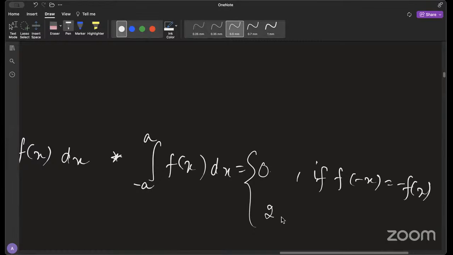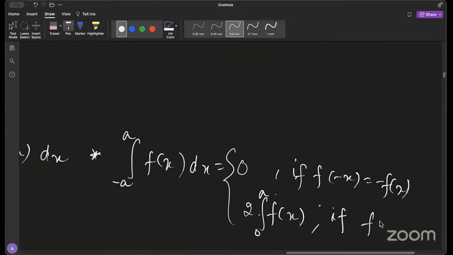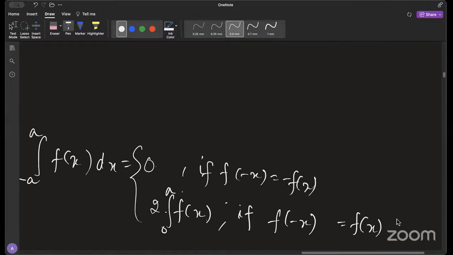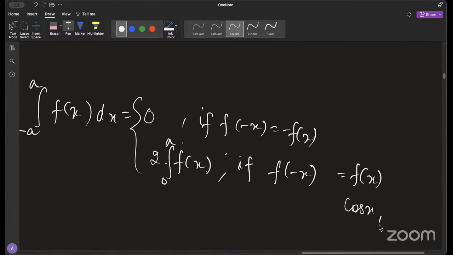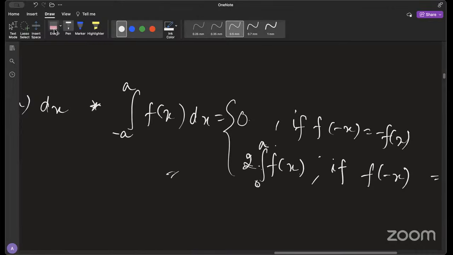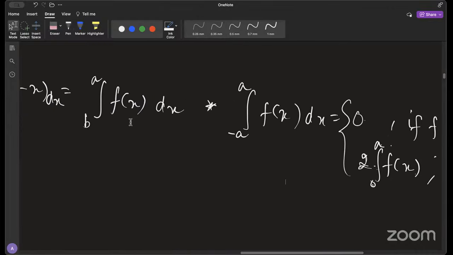And this becomes 2 times the integration of f of x from 0 to a if f of minus x is the same as f of x. Those are even functions, like cos x, like x squared. So if you have a function like that, integrate it from 0 to a and then multiply it by 2, and you will get the answer. This is the identity in short.